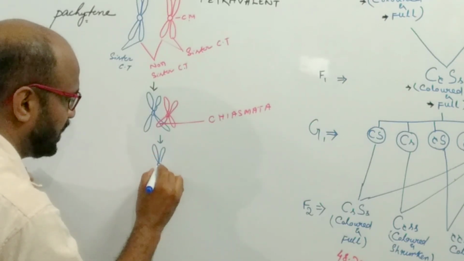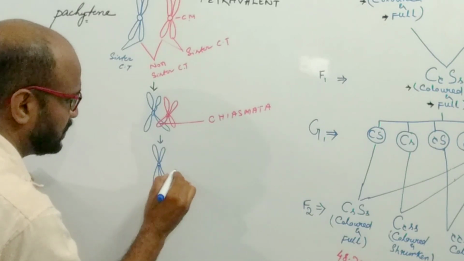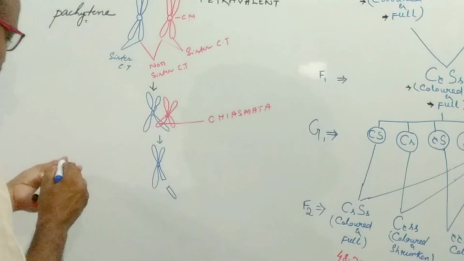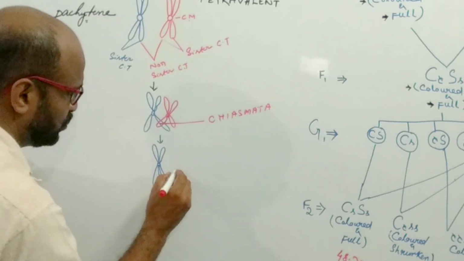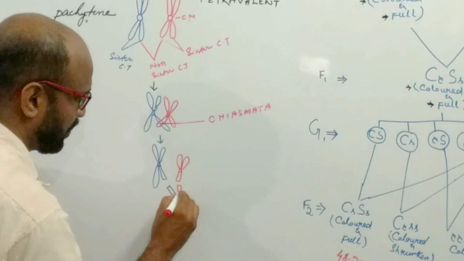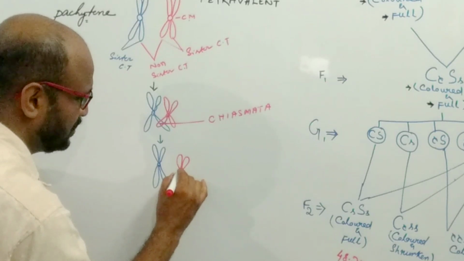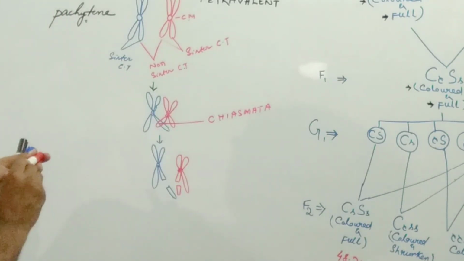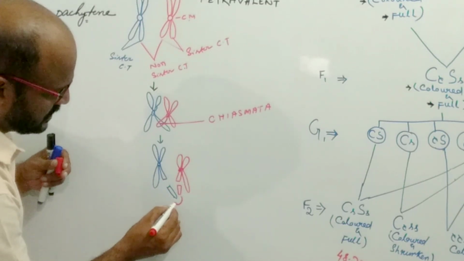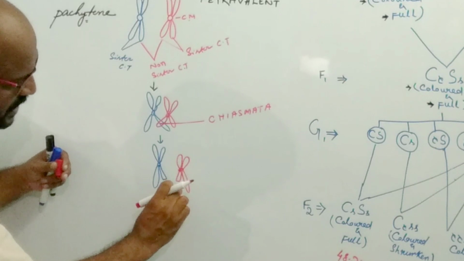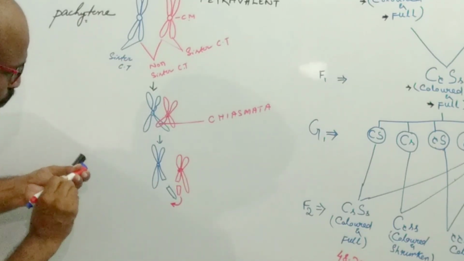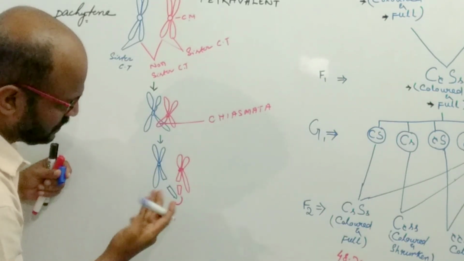Suppose the chromatid is broken on this side, and this is the broken part of the chromatid, and this is the other chromosome having the broken part of the chromatid here, and this is the unbroken chromatid. Now the broken red piece of the chromatid is rejoined with the blue side, and the blue chromatid is joined with the red side.